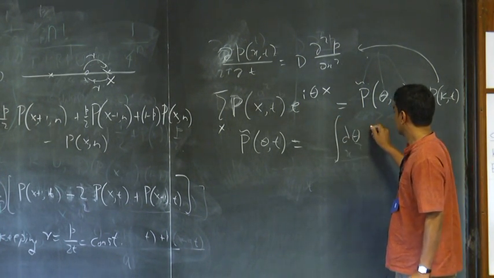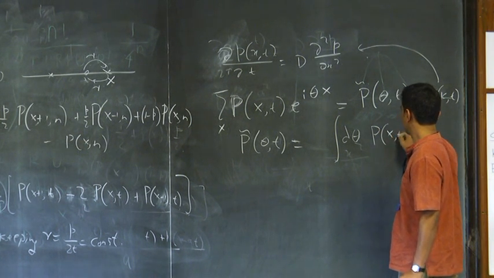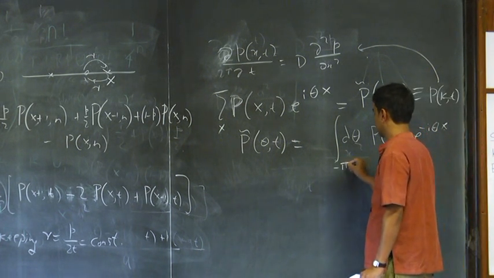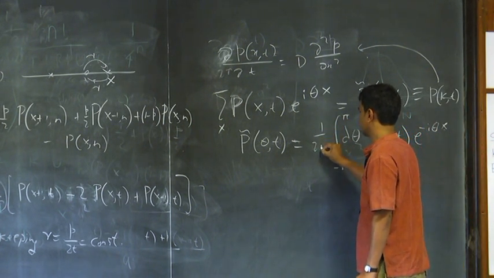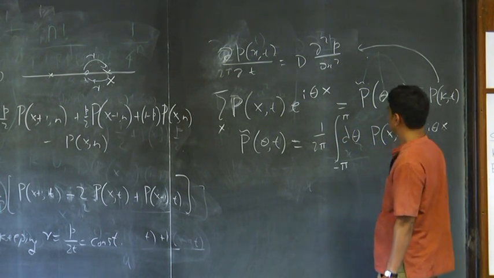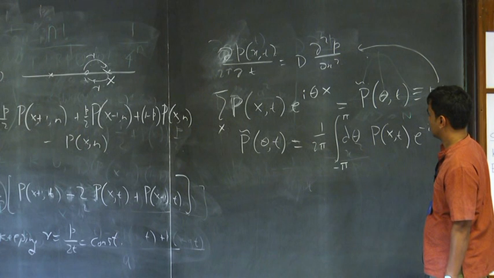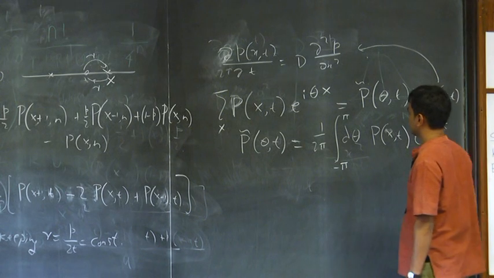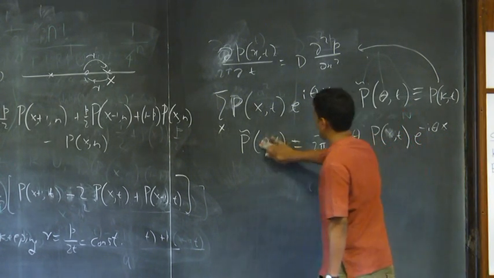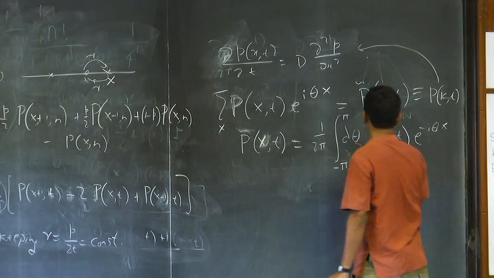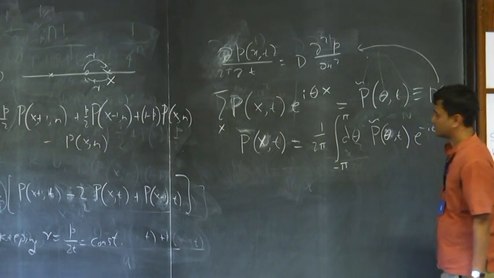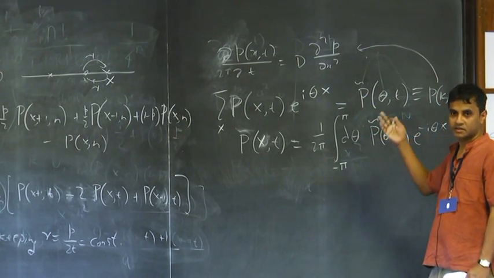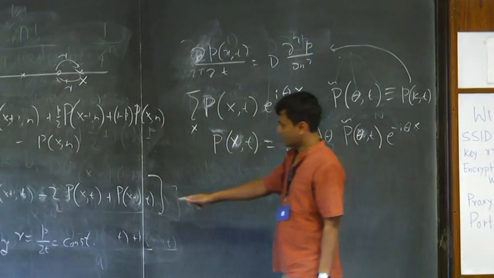The left-hand side should be p of x. Okay, so this is just the inverse. This is like the inverse Fourier transform, right? This is basically a Fourier series. And that's how you solve this equation.